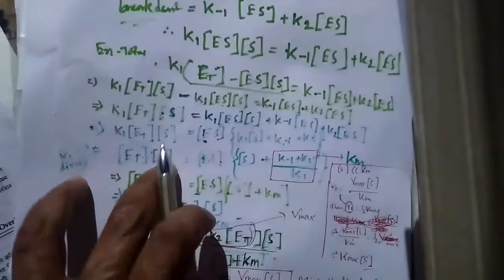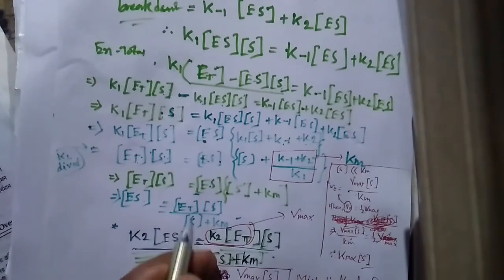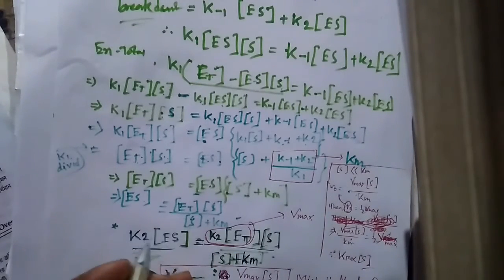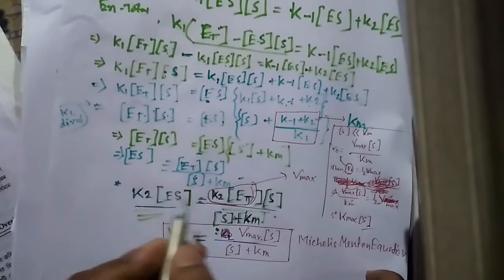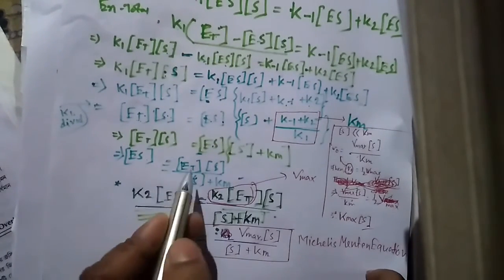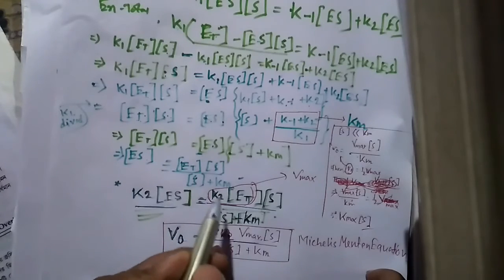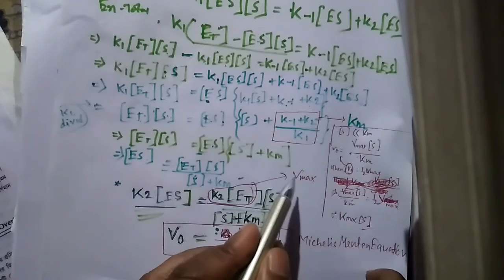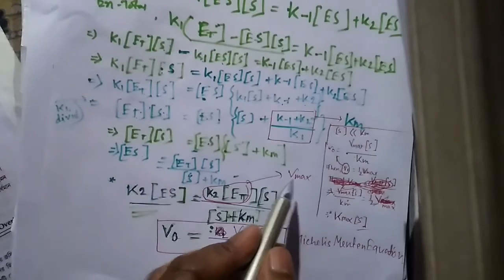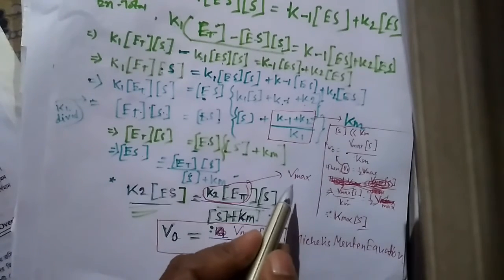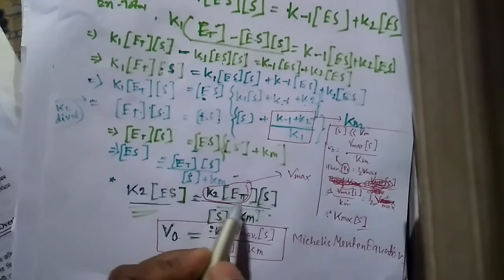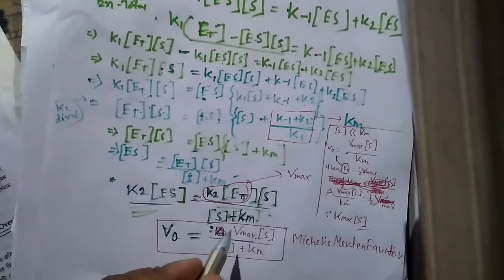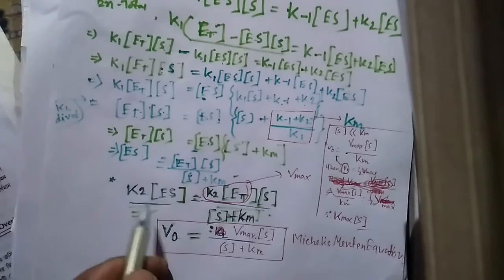If we multiply both sides by K2, then K2 ET is Vmax, the formula when the enzyme is saturated with substrate.